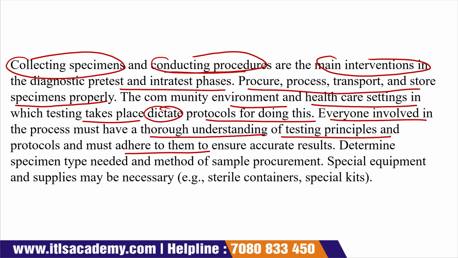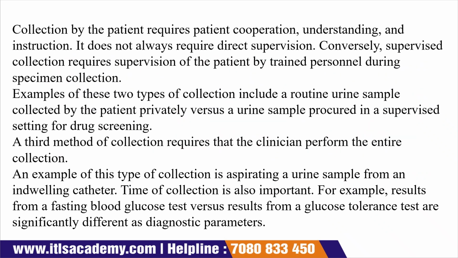Determine the specimen type needed and method of sample procurement. Special equipment and supplies may be necessary, for example, sterile containers and special kits. Collection by the patient requires patient cooperation.